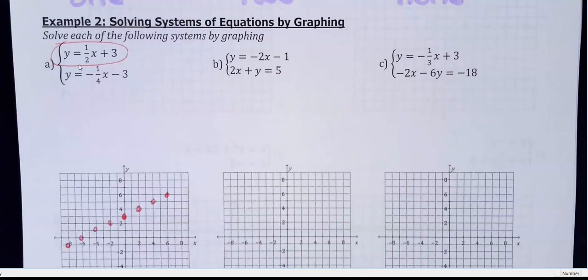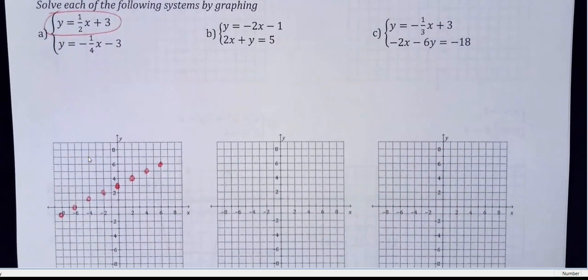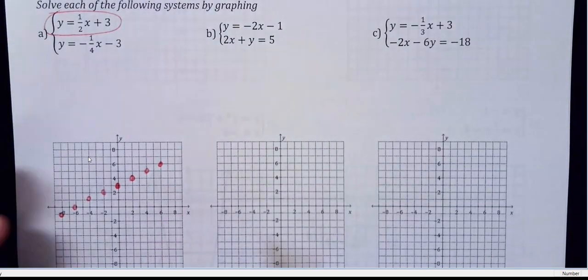If they don't cross in a nice spot, it's probably a situation where we would use an algebraic method instead of graphing, because there are different ways to solve these. So if you're asked to graph it, they should intersect in a nice spot.